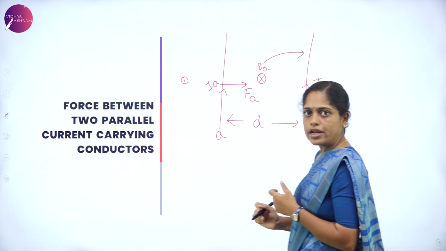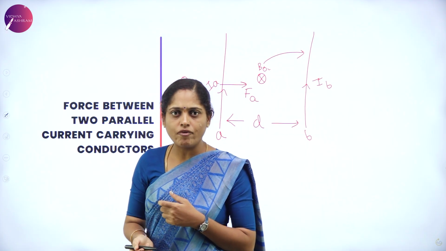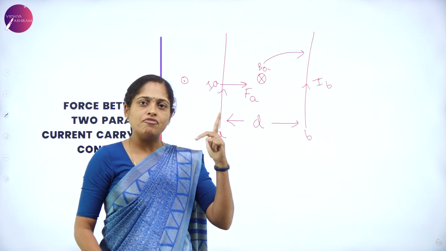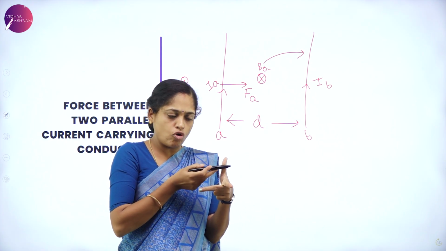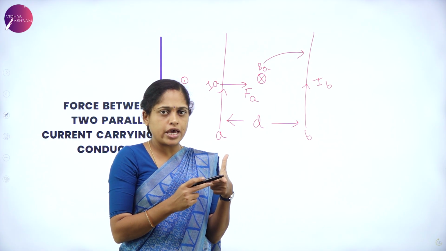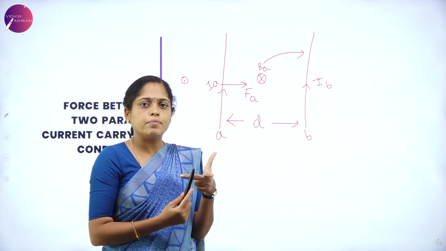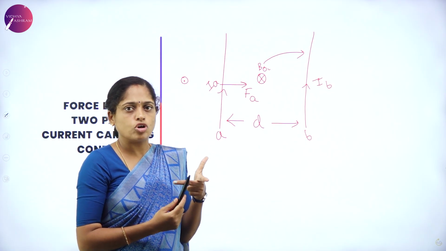To find the direction of force acting on the wire B, we have to use Fleming's left-hand rule, where the thumb represents the direction of force, the forefinger represents the direction of magnetic field, and the middle finger represents the direction of current.